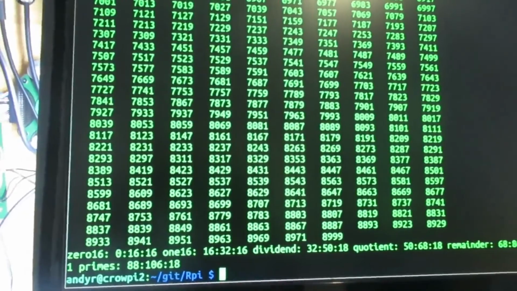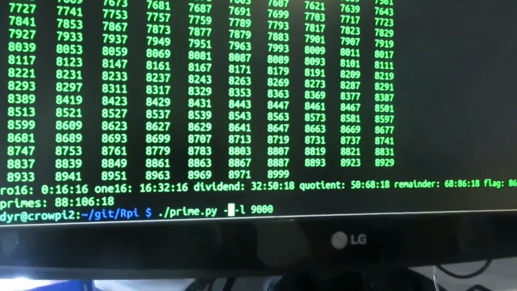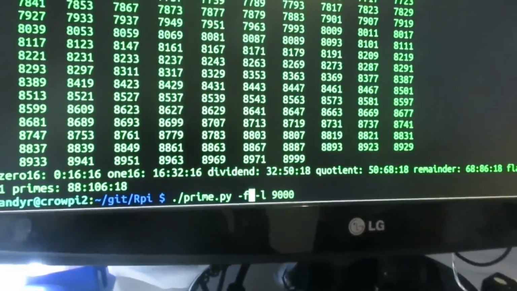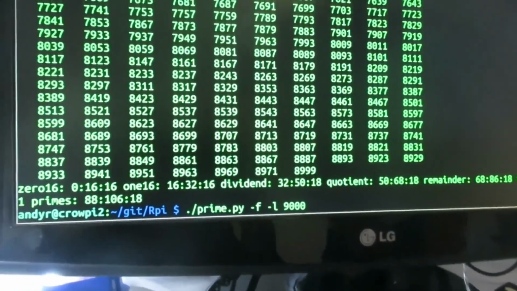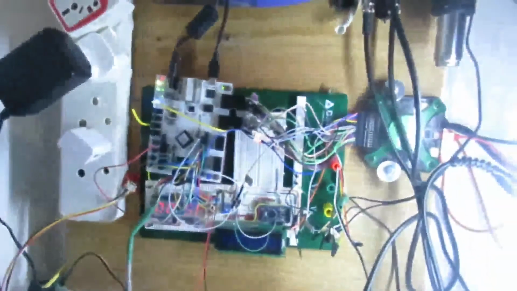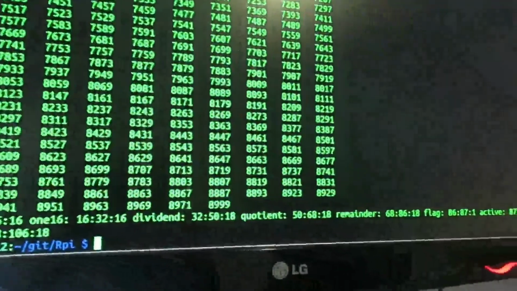So instead of using the Raspberry Pi, I'm now going to ask it just to calculate using Forth. And the Forth will be directly on the SIMD machine itself. And if we look at the 9,000 again, it goes through and it much more quickly calculates those.